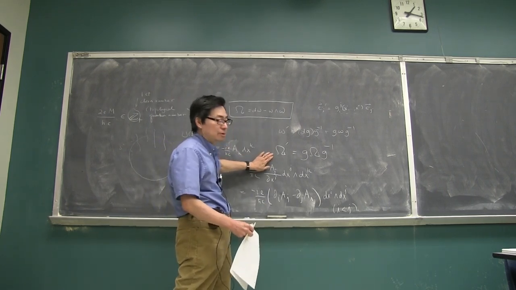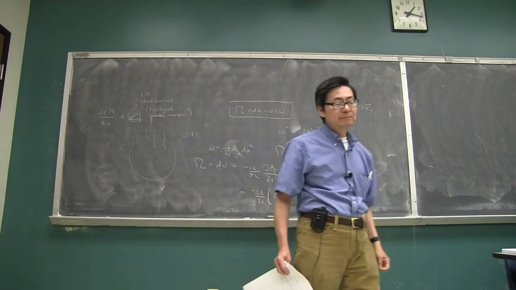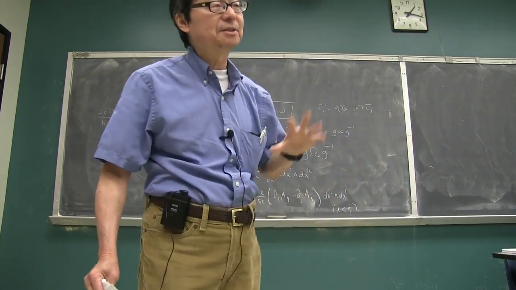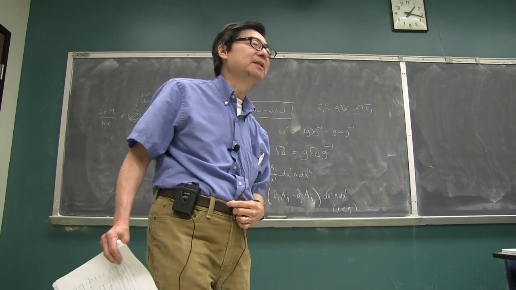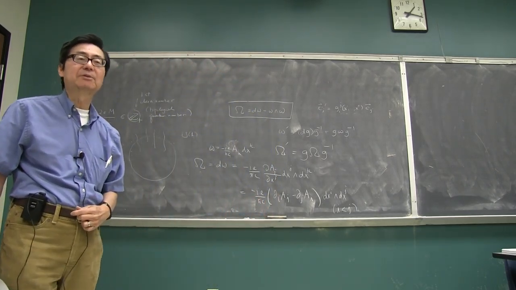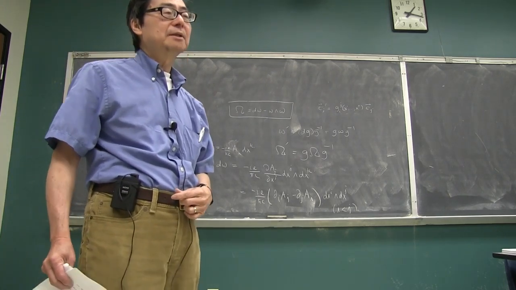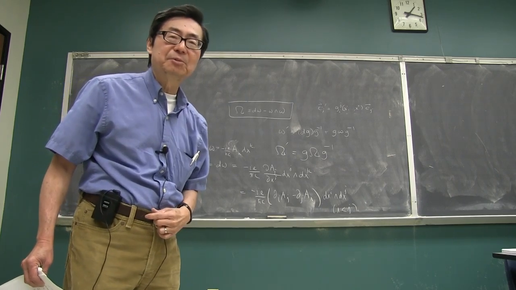The connection will change, so will the curvature. But there's something which is required to be unchanged, and in the case of physics theories, it's called a Lagrangian, okay? In the case of quantum field theories. The Lagrangian has to be gauge invariant, so to speak. In general, we mean this to be a locally gauge invariant Lagrangian. And then as a result, the Euler-Lagrange equations, which result from that Lagrangian, will be invariant in form also.